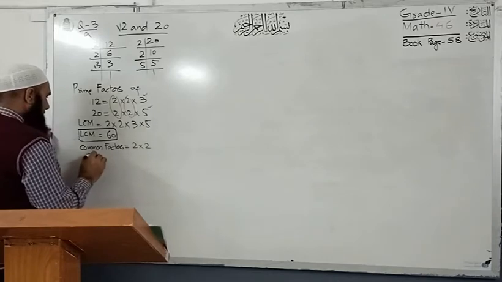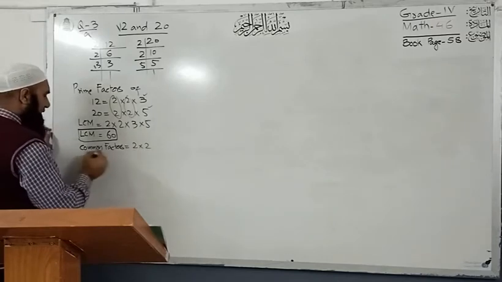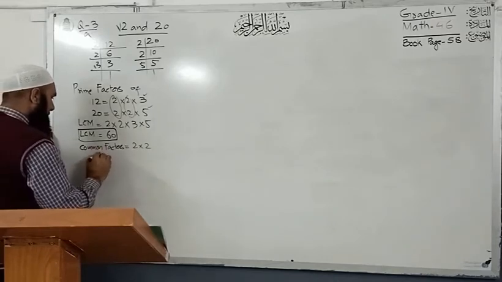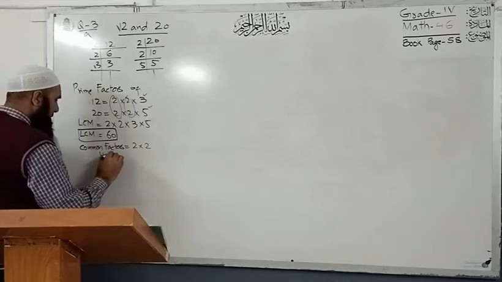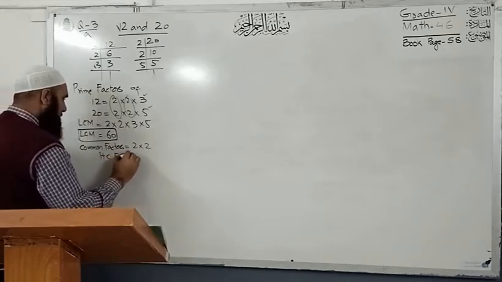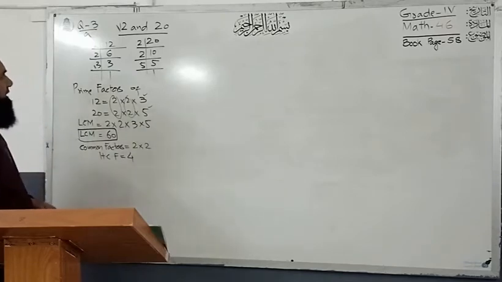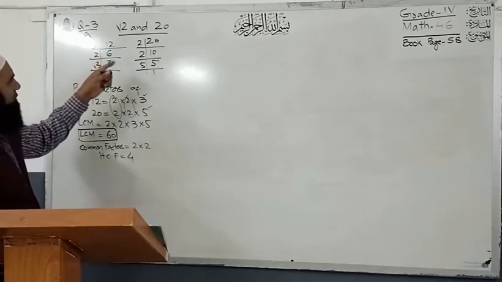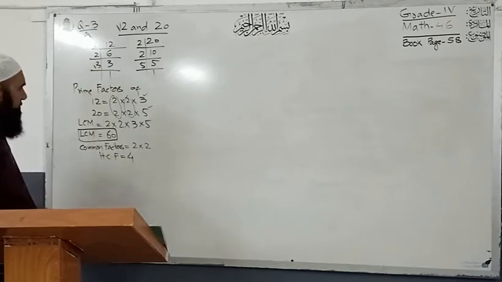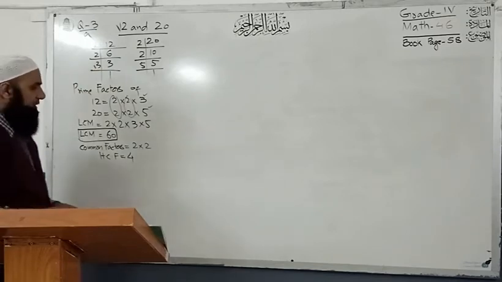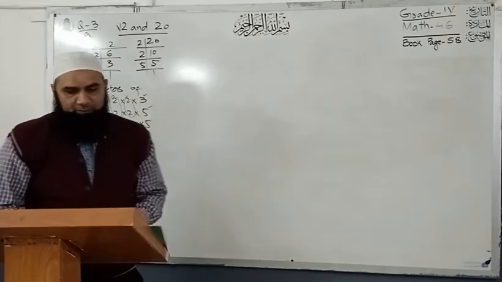So this will give you the highest common factor. Which is the highest common factor? It is 4. So 4 is the highest common factor of 12 and 20.